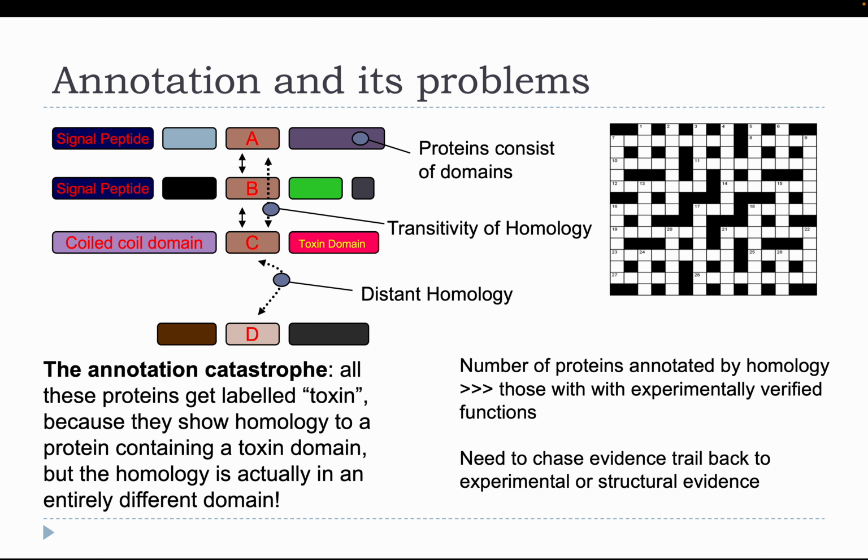So if we can show that A is homologous to B and B is homologous to C, we can infer that A and C are both homologous as well. They all share a common ancestor. So that's interesting. And we can abstract out the patterns of similarity that we see between those three and use that to find even more distant homologs.